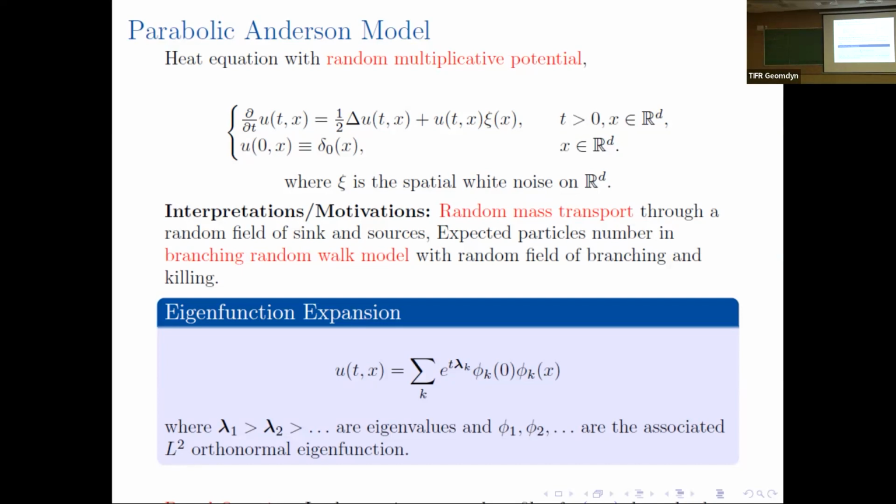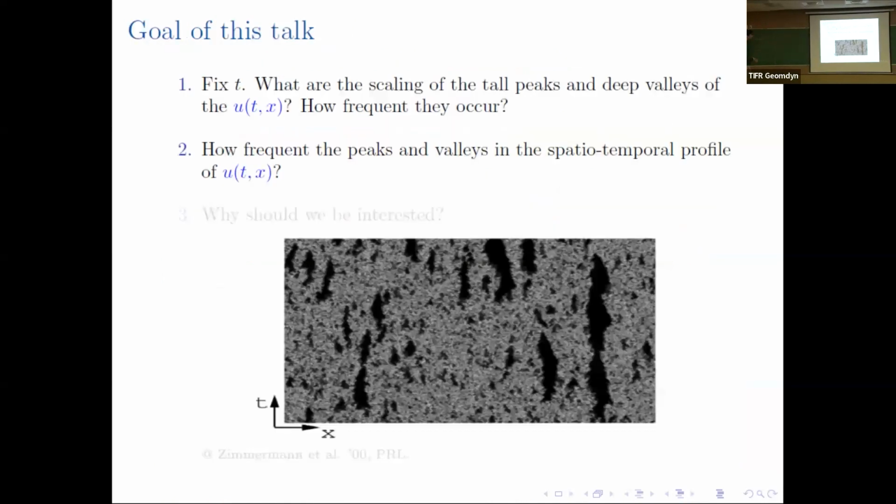But we will try to investigate something else, not exactly localization or intermittency. This is the goal of the talk. We fix the parameter t, and we ask what the scaling is for the peaks that I was mentioning.